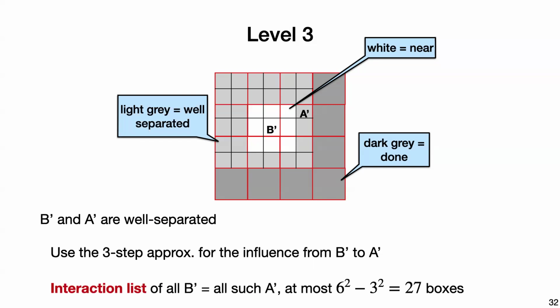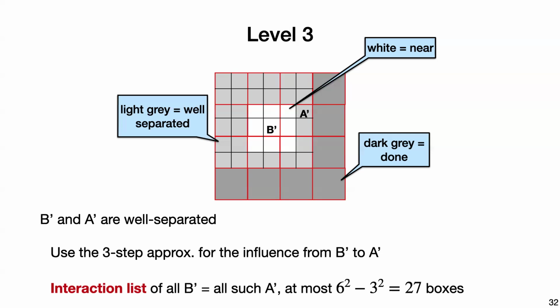And so the high level way this is going to go is at every level of the quadtree, you consider every box, and there are new boxes that are considered well separated from your current box. And the ones that are well separated can be computed using this approximation.